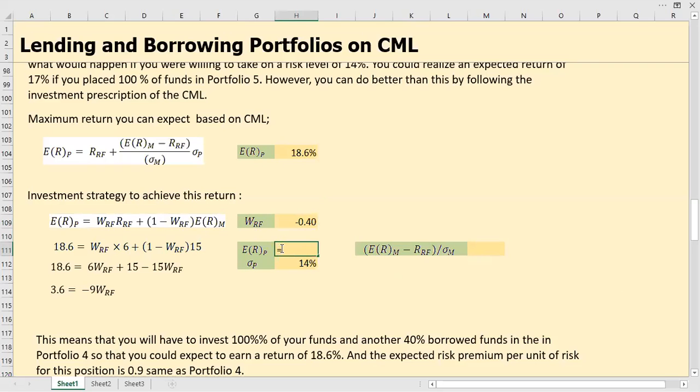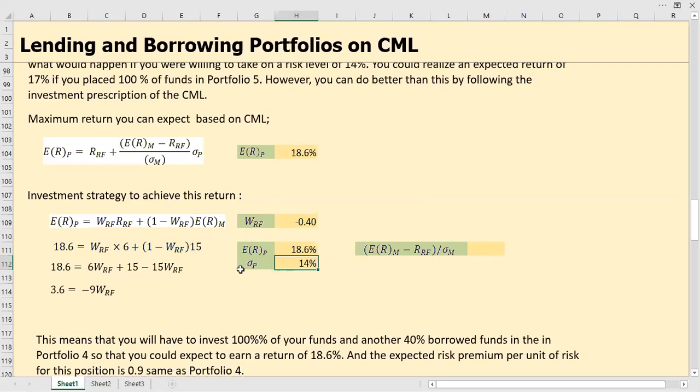So how are we going to calculate it? This is equal to weight of the risk-free asset, it is minus 0.4, multiplied by risk-free rate 0.06, plus 1 minus weight of the risk-free asset, it is again negative 0.4, multiplied by the market portfolio return, which is always 15%, so you get 0.15.